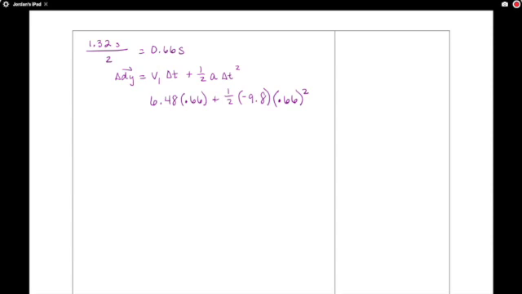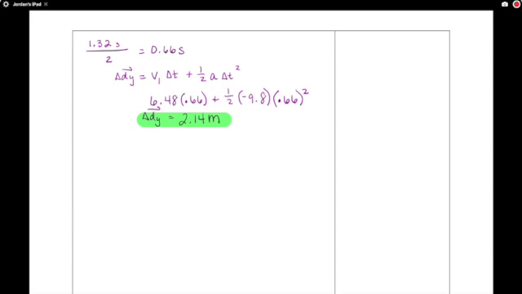Okay, and so if we multiply this all out, we're going to get that delta d of y for the maximum height is going to be 2.14 meters.